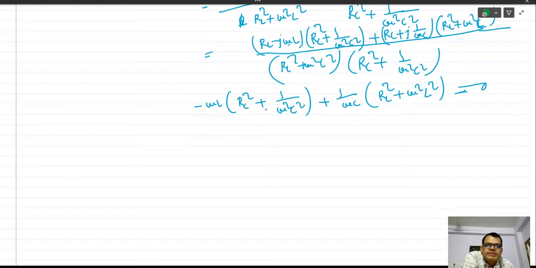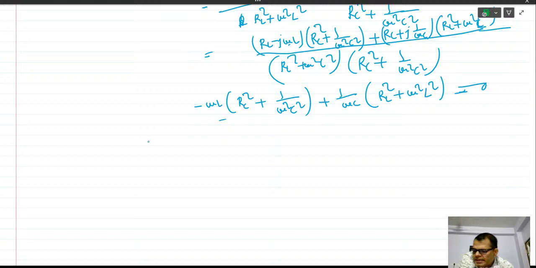With a little bit of cross multiplication, take the negative terms to this side and do a little calculation.